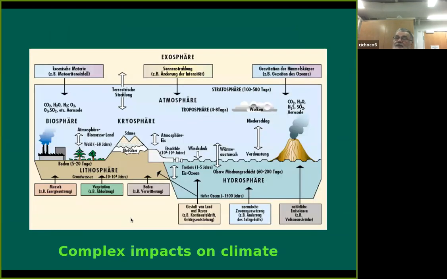But of course, we have to be aware that the climatic impact is again the result of various very complex situations on the Earth's surface. And all of this to understand and to reconstruct is very, very difficult.